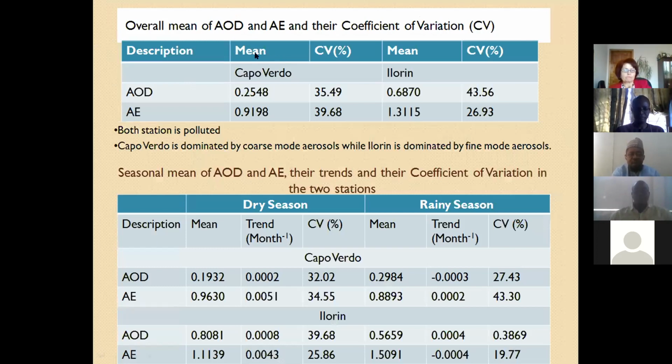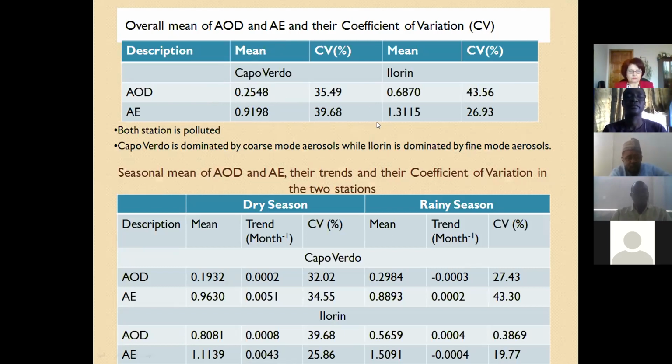We have the mean value of the AOD in both stations given here. For Cape Verde, we have 0.254, which is lowish, but still polluted, because for a clear atmosphere we need 0.06. Then for e-learning, it is 0.687, which shows a very, very polluted atmosphere.